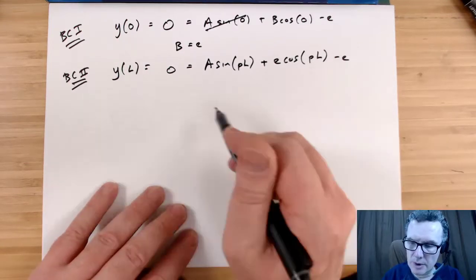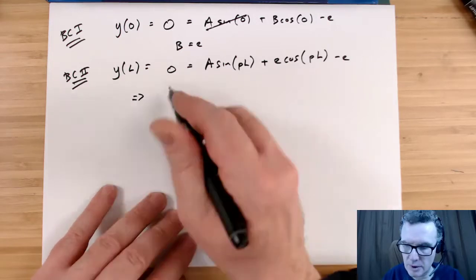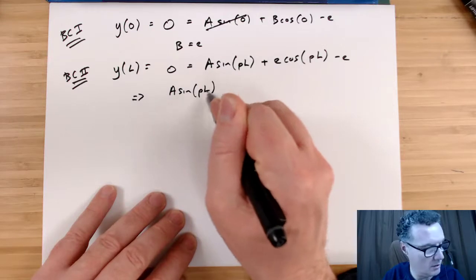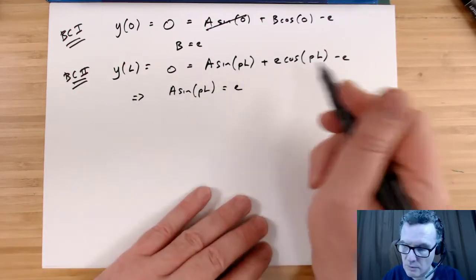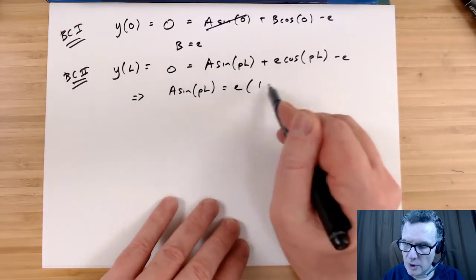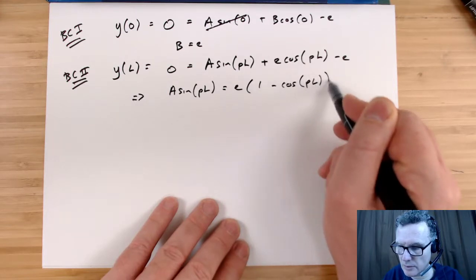Right. So therefore I can rewrite that as a sine PL equals E one take away cos PL.